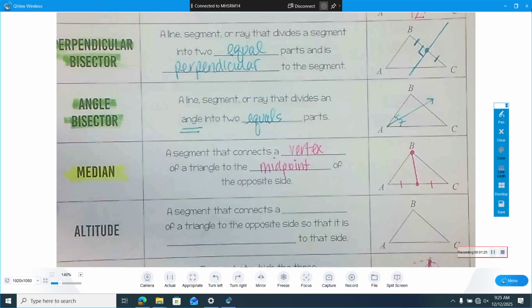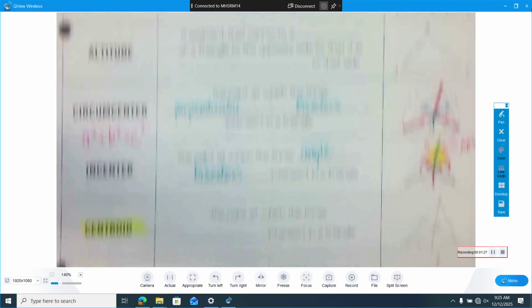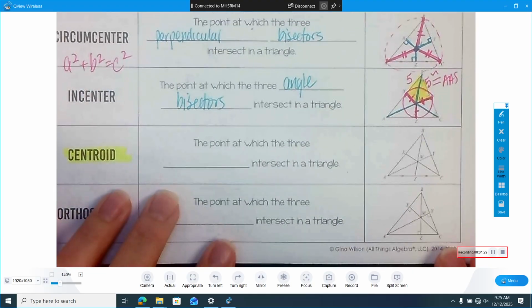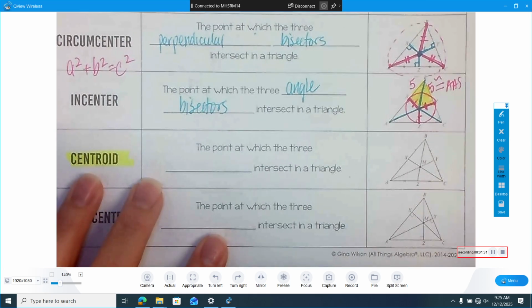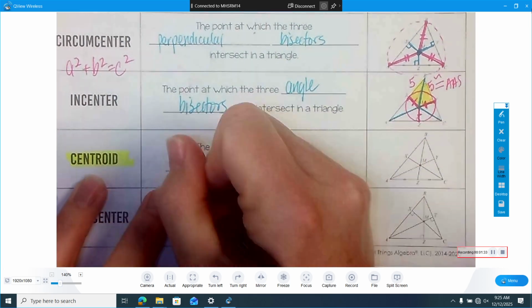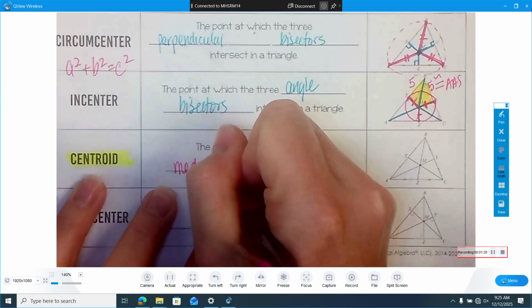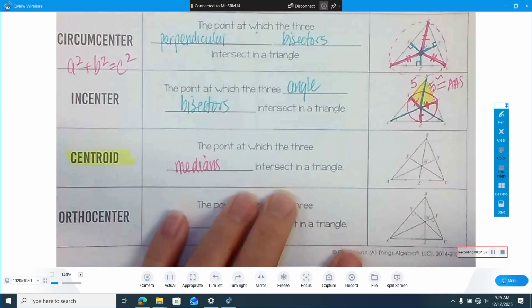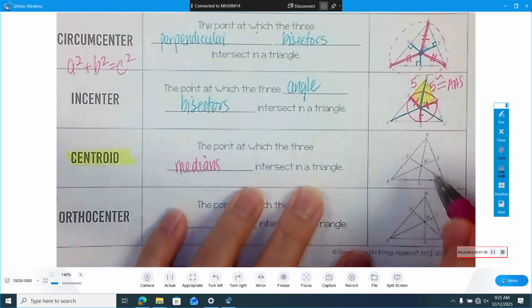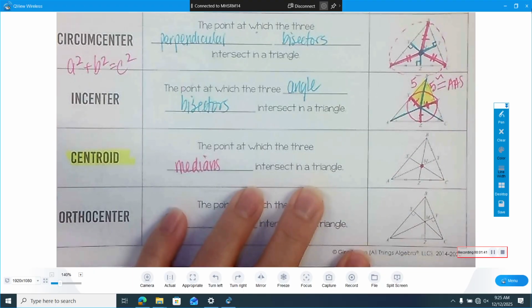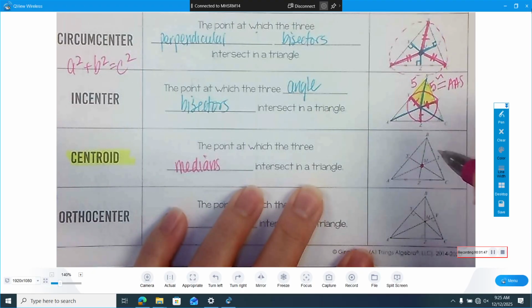Now, we also talked about the centroid. The centroid was the point at which 3 medians intersect in a triangle. So M is called the centroid, and you can see the markings on here. We have midpoints, because I can see my segment is bisected.